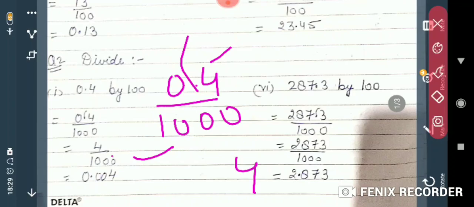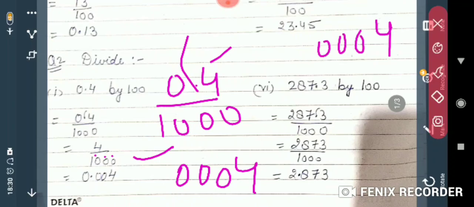So before 1, 2, 3 digits the point should be there. So before 4 we can write 0s. Yes, because as I have explained before, if I add 0 before any number, it will remain the same, because it will be considered as 4 only if you add 0 before a number. So 1, 2, 3. So just see how you can tell this: 0.004.